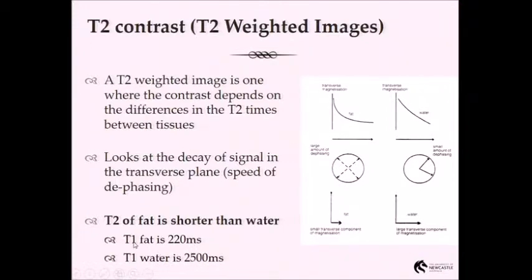That should be T2. So again, we're looking at this transverse magnetisation, fat and water, and the amount of dephasing. So if we think about them all being at the same point in time, we're looking at how long it takes for those to dephase.